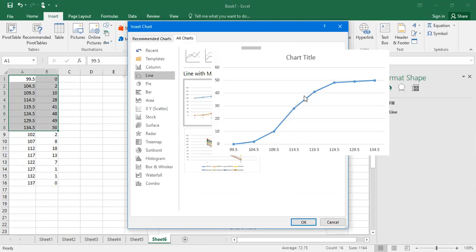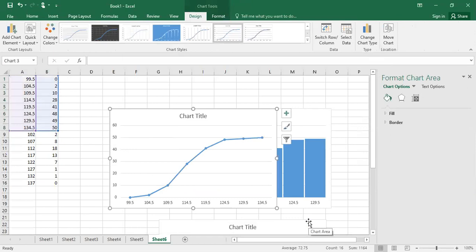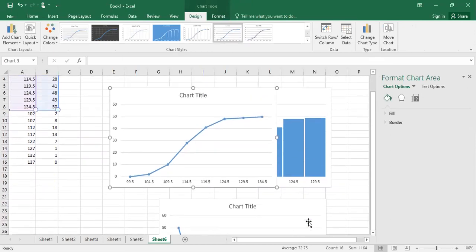So we are going to use this one. This is a frequency polygon or ogive. Title here: ogive.